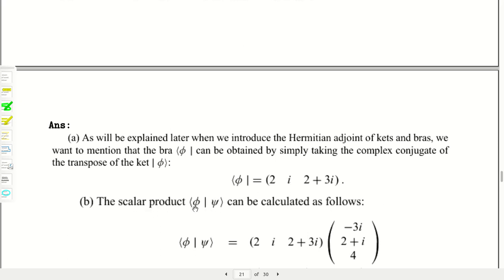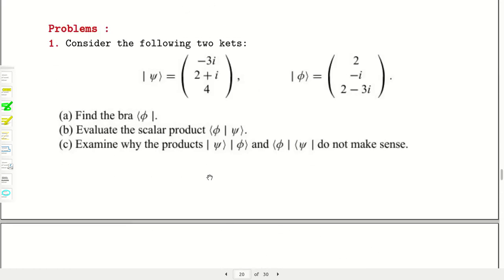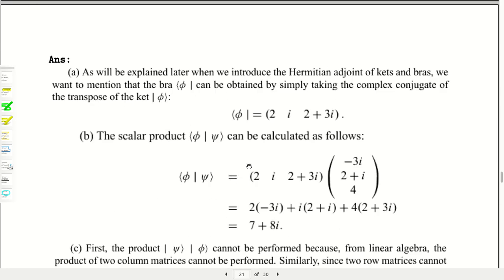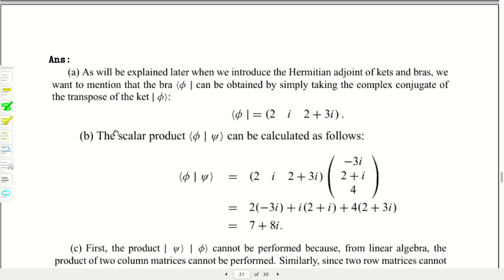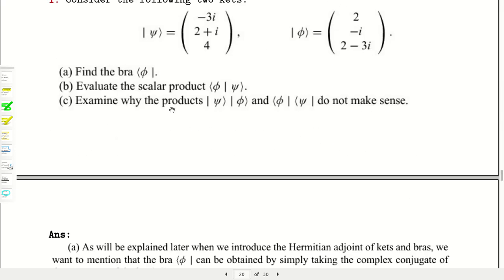Now the scalar product of phi and psi. Now you got bra phi, that is 2i and 2 plus 3i, and ket psi is given. So just multiply the two matrices, and it will give you a scalar which is 7 plus 8i. Now the question is, examine why the products ket psi ket phi and bra phi bra psi do not make any sense.